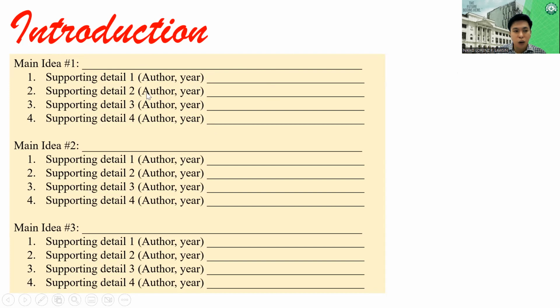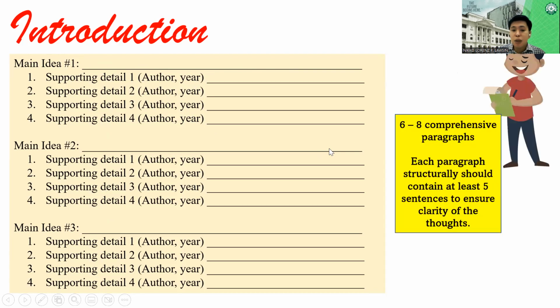So basically, in terms of the structure, a paragraph shall consist of at least 5 sentences to ensure the clarity of thoughts. So one sentence for the main idea and at least 4 sentences for the supporting details. So structurally, if your introduction has these parts, it's easy for the reader to grasp your main points.